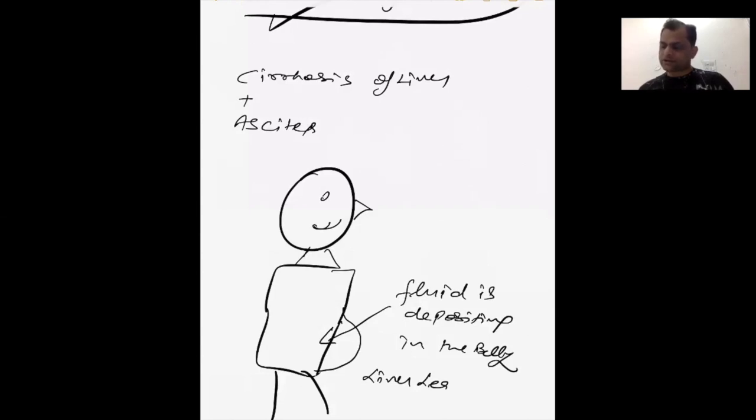So fluid is depositing here. This patient was having the fluid taken out by the doctors once a week. Then he came to my clinic for the treatment of cirrhosis of the liver.